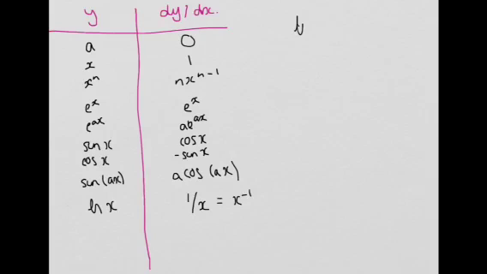If I have something like the log of 8x, this doesn't become 1 over 8x, because I can say that the log of 8x is the log of 8 plus the log of x, just from my rules of logs. If I differentiate the log of 8, it is just a constant. So when I differentiate this, I end up with just 1 over x regardless.